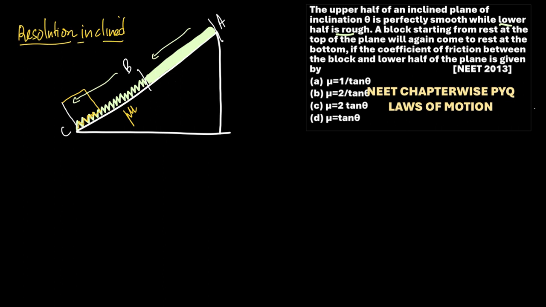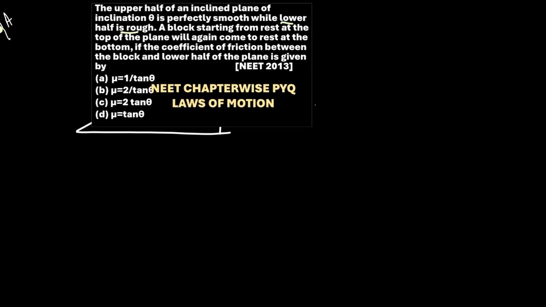If you don't give emphasis to the logical reasoning behind what causes this resolution, you'll find it really difficult to do questions, especially at the JEE Mains level. Not to underestimate NEET, and this question is from 2013 NEET, the very first time NEET was launched. So these concepts are really important. We'll understand resolution of weight on an inclined plane first, and then come back to this question. Let me take a different board now.